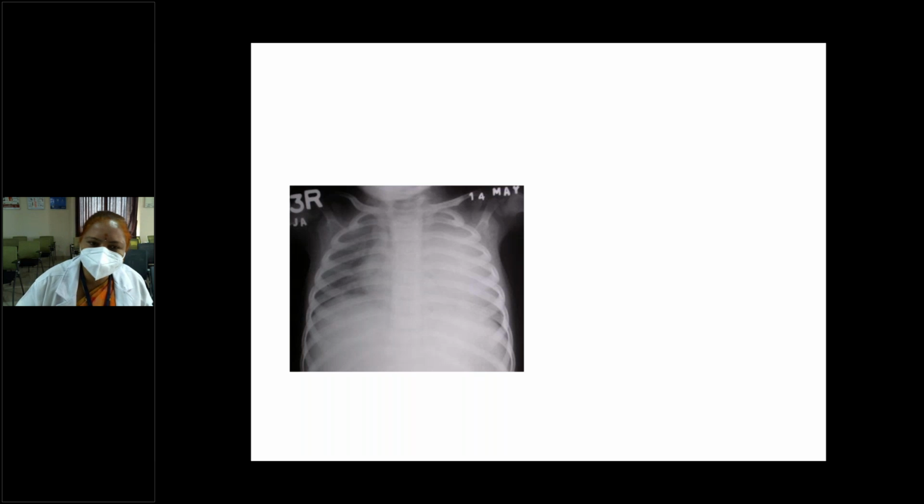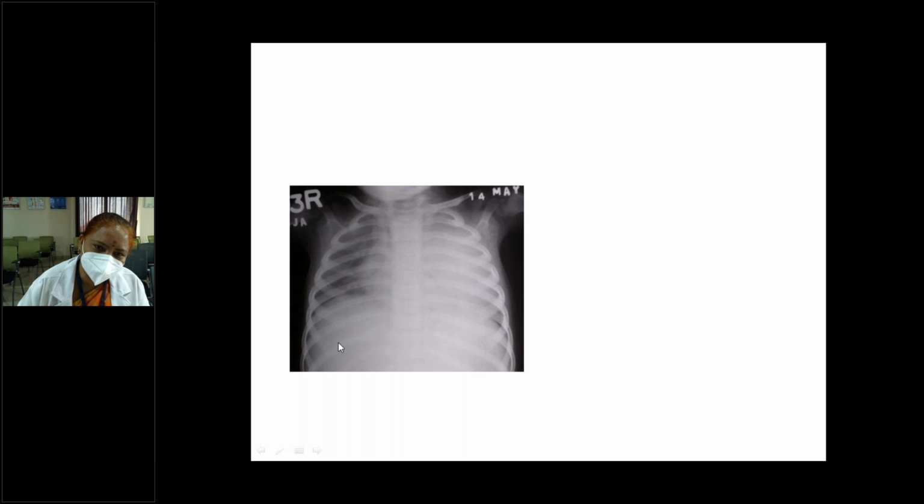Can anybody read this X-ray? Try to read. It's a plain X-ray, anteroposterior view, showing the chest and upper part of the abdomen.